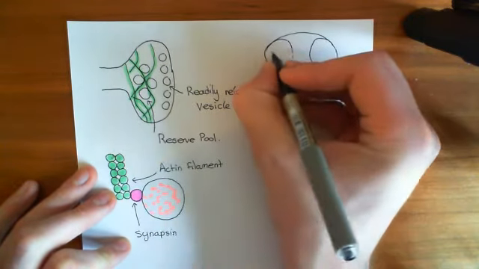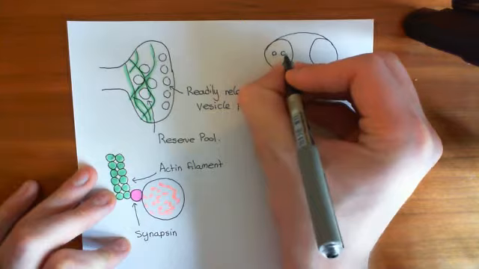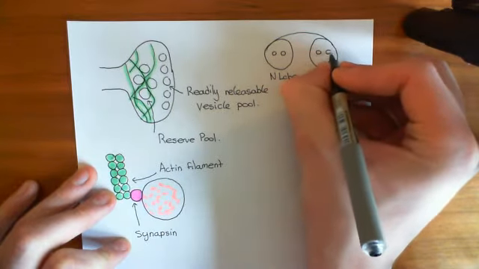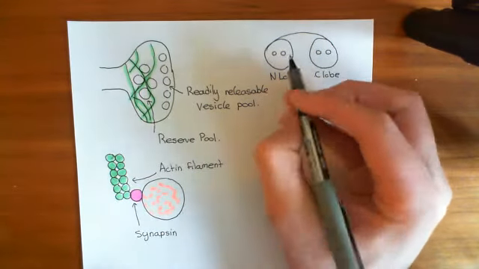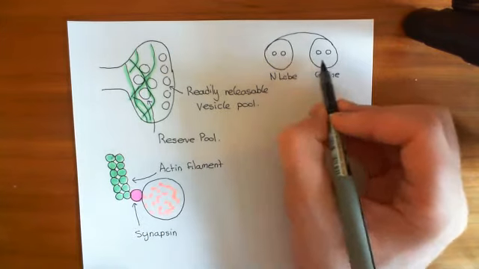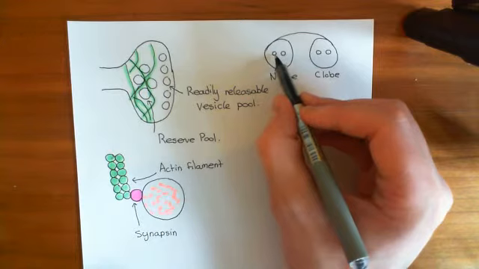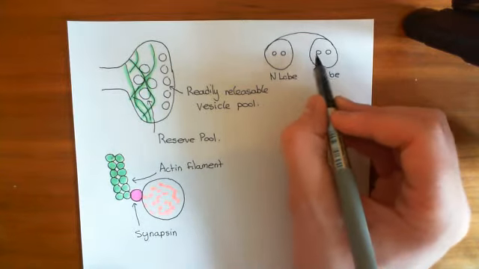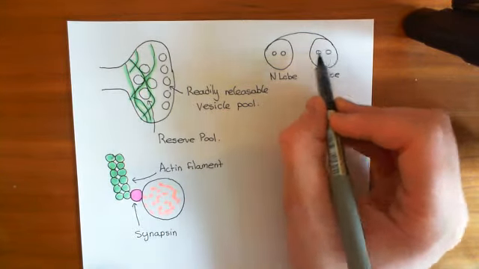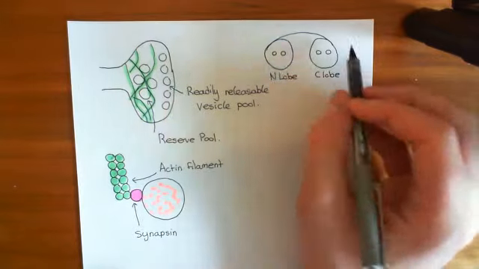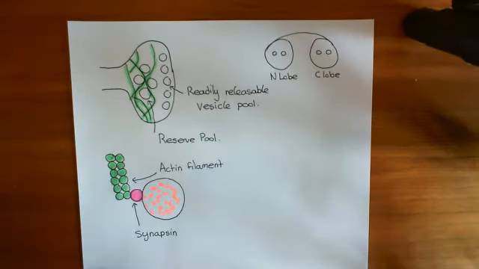Each of these lobes has calcium binding sites, so each lobe, the N lobe and the C lobe, has two calcium binding sites. So a calcium can bind in here, in here, in here, and in here. So overall, 4 calcium ions can bind to the calmodulin protein.